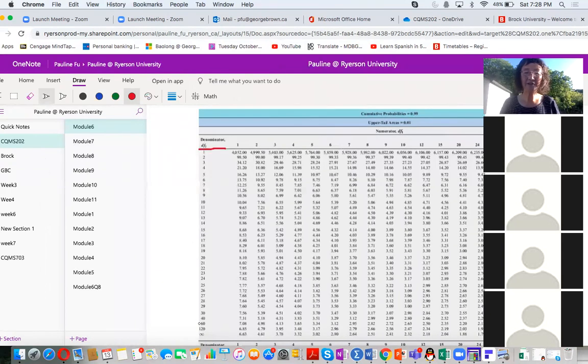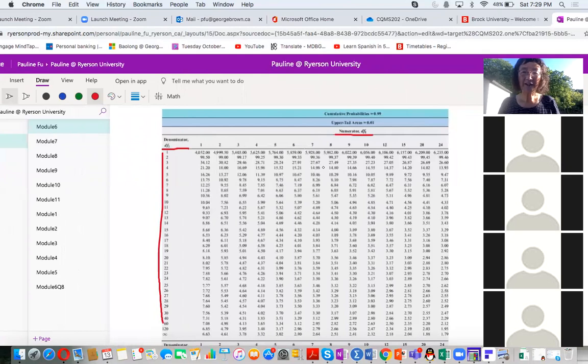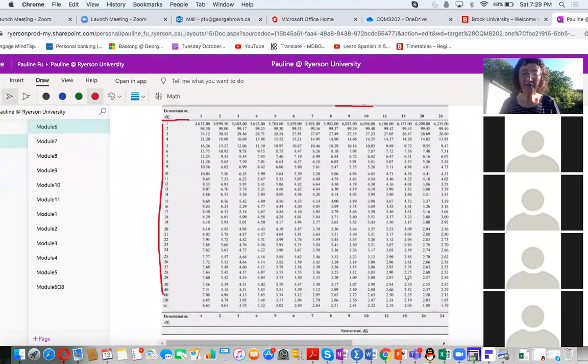All these values are degree of freedom for denominator. Then you find the numerator degree of freedom, okay? And then you have to make sure the upper tail area is 0.01, okay?